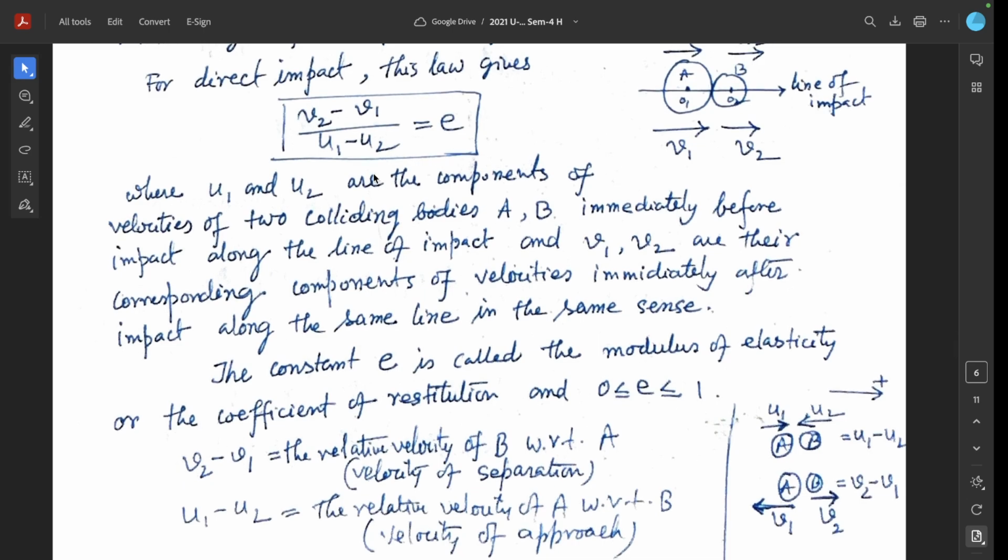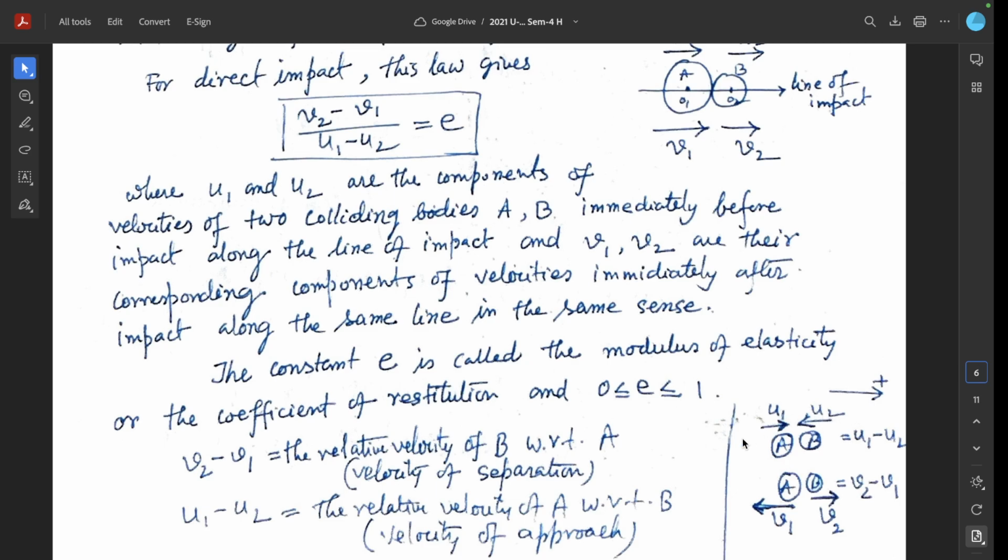Here v2 minus v1, the numerator, is the relative velocity of B with respect to A. Actually, we call this the velocity of separation. You can remember it this way. Before impact, body A has velocity u1 in this direction and body B has u2 in this direction, so u1 minus u2.